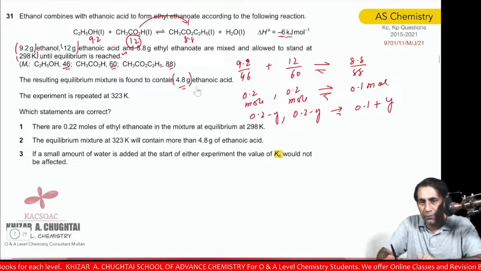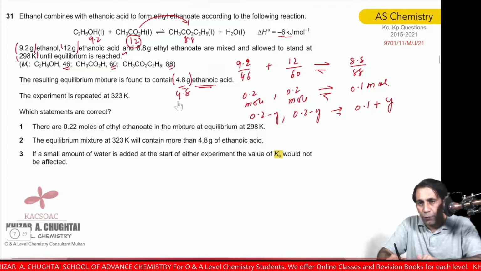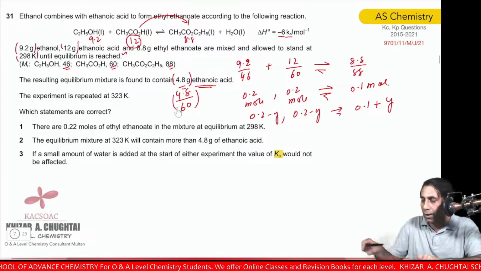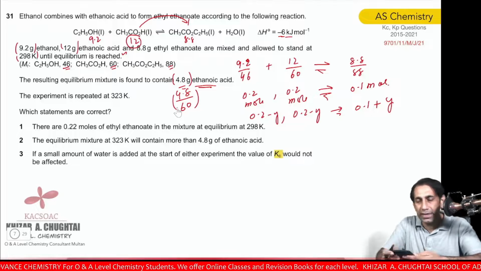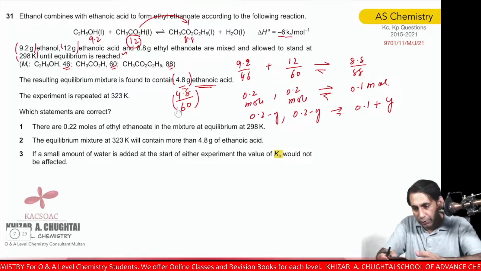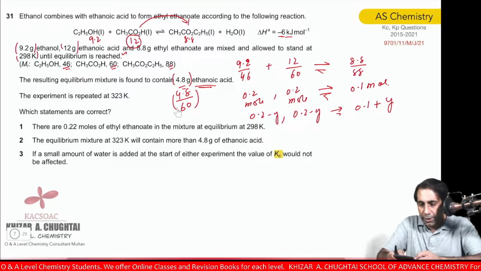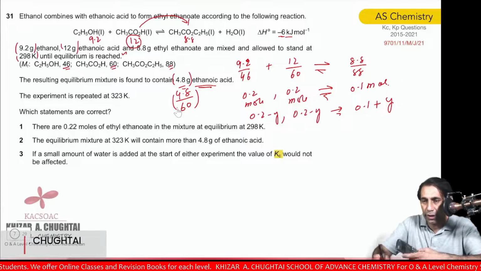So what is the final remaining mole at the stage of dynamic equilibrium for the carboxylic acid, for ethanoic acid? We are going to find the remaining mole, 4.8 divided by 60. These are the moles of remaining ethanoic acid at the stage of equilibrium. 4.8 divided by 60, and answer is 0.08 mole.